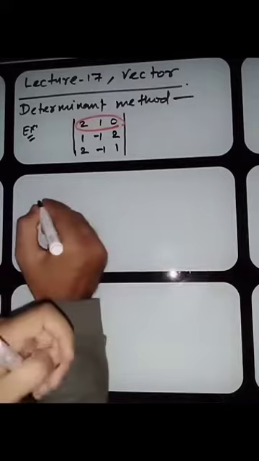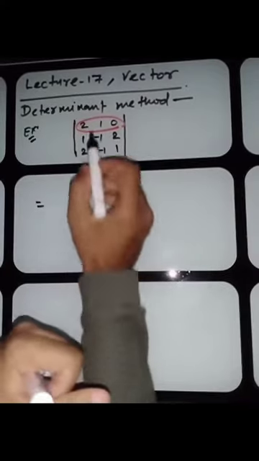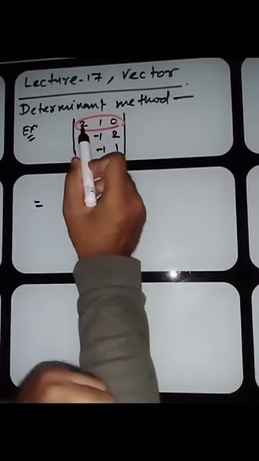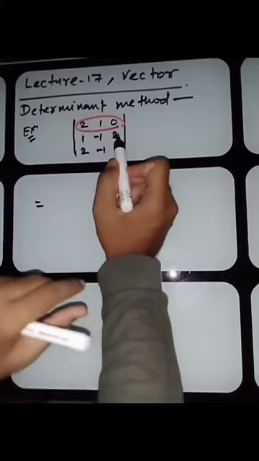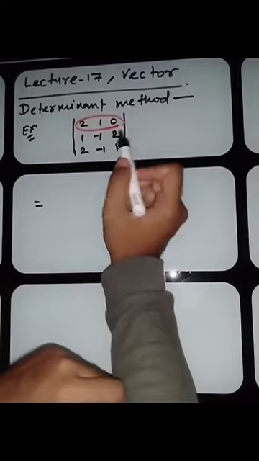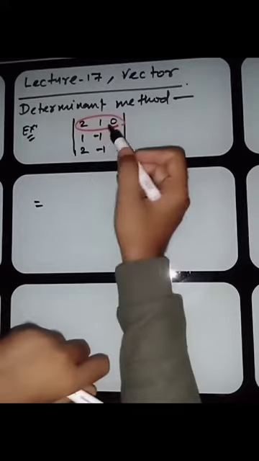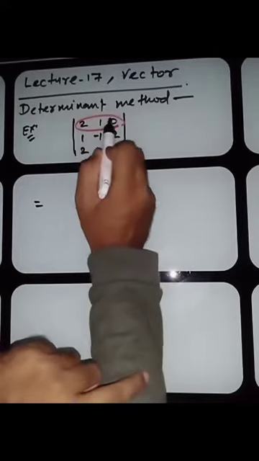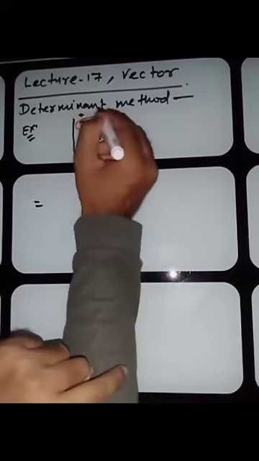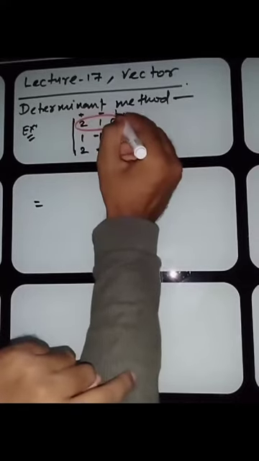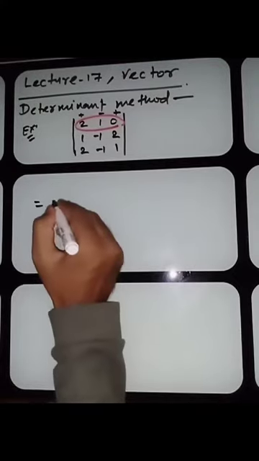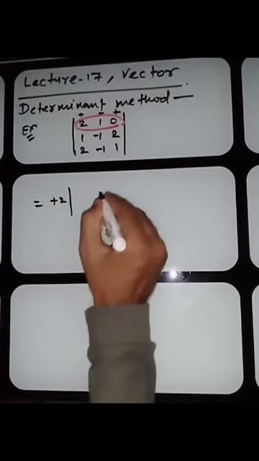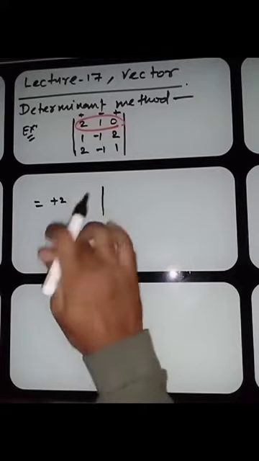I'm going to split this determinant, and we have discussed that we can solve with any row or column. We provide the nature here: plus, minus, plus. So the plus 2, I'll split.